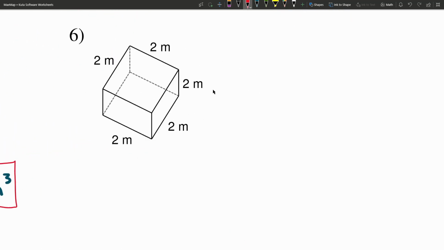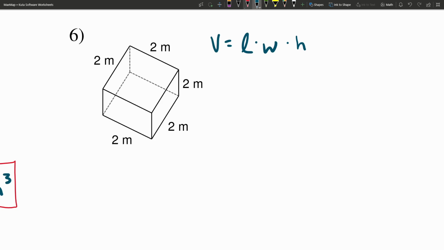Number 6 is actually just a cube, like a prism, but our base is a square. But notice, even the sides are squares. So this figure, regardless of how we turn it, has the same side every single way. And the volume of a cube is equal to the length times the width, which would be the area of a single base, but then you have to multiply it by the height of the figure.